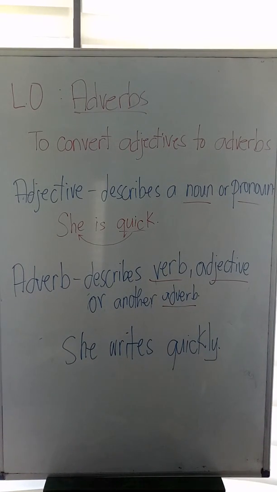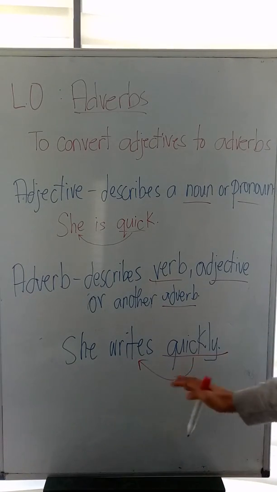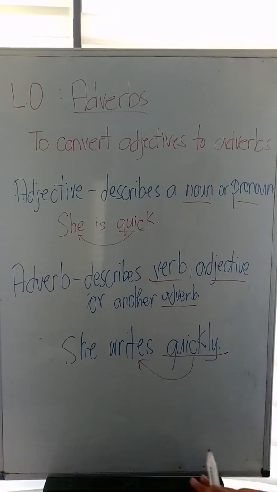Our adverb here is quickly, and it describes our verb writes. It doesn't describe she. How does she write? Quickly, because she writes quickly. Okay, so this is our adverb.